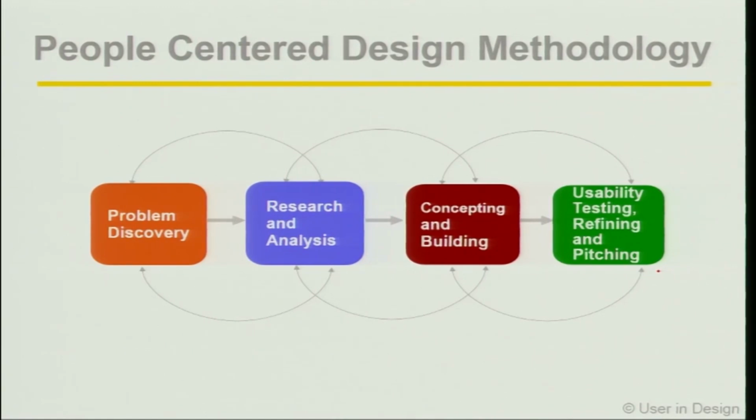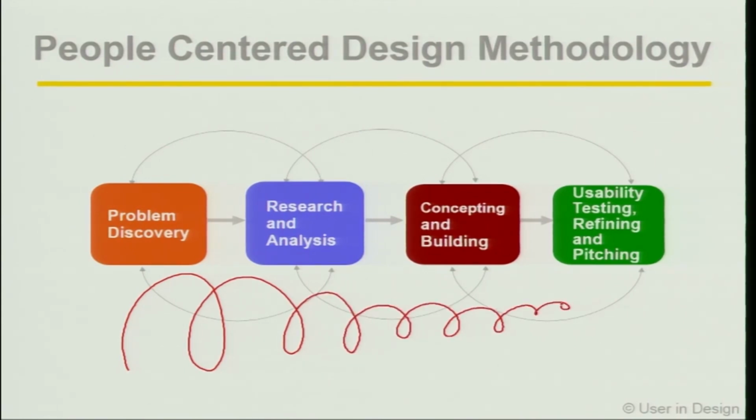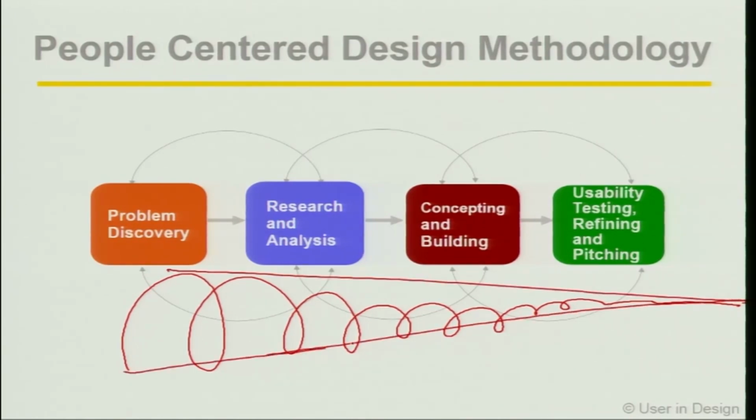And as I told you, this is not a single linear process. Very important to keep in mind. You do go back and forth, and you don't have to finish one phase and then start another, and not be able to come back to it. However, it is not chaotic. There is a method to this, and as I explained to you earlier, you may be progressively refining your design like this, right? You may be going round a little bit, going back and forth a little bit, but eventually you're moving in this kind of convergence forward.